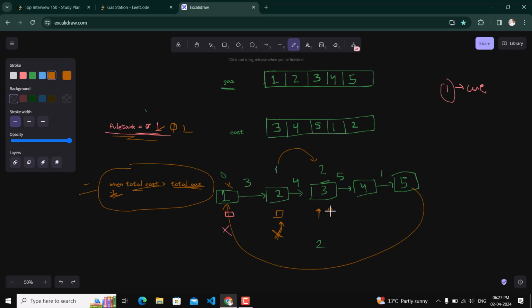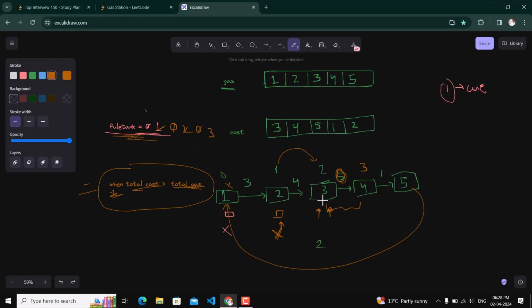Now again the fuel capacity would be 0. We have come to the second index, and we refill our fuel with 3, so 3 will be our fuel tank capacity. Now we require 5 units of fuel to go from the second index to the third index. This is not possible, because to travel from any index i to i plus 1, the cost must be less than or equal to the current fuel tank capacity.